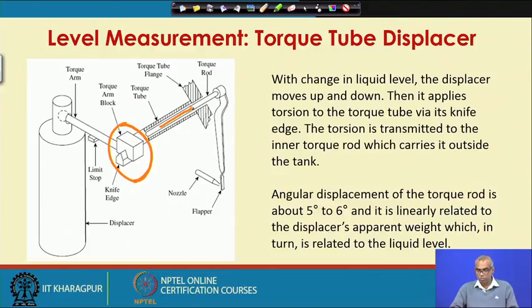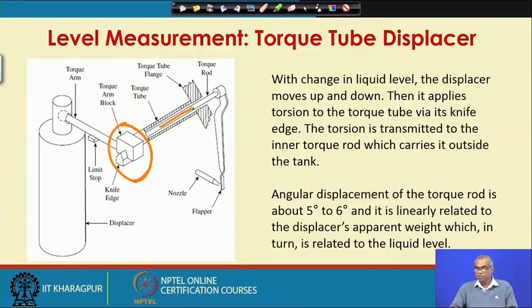According to Archimedes principle, there will be an apparent loss of weight for the partially submerged displacer. So, the angular displacement of the torque rod is then a measure of the liquid level.